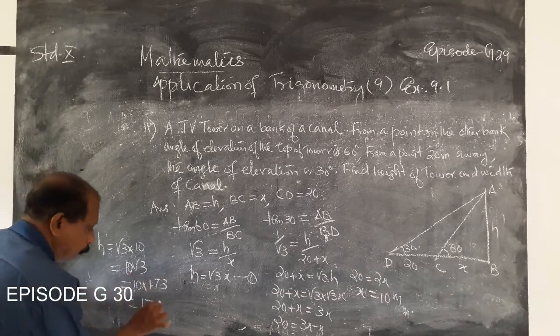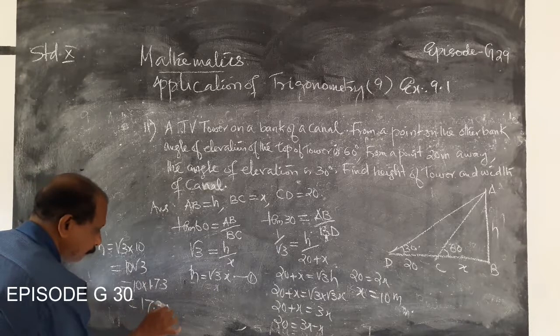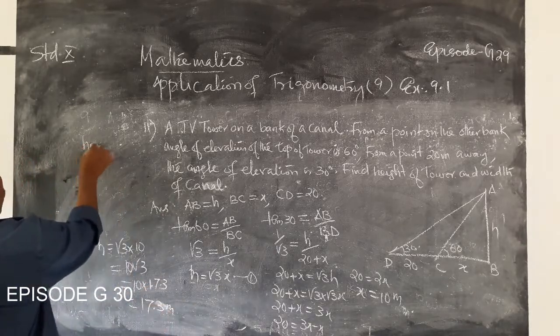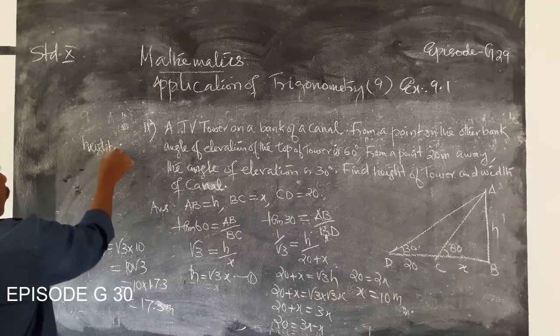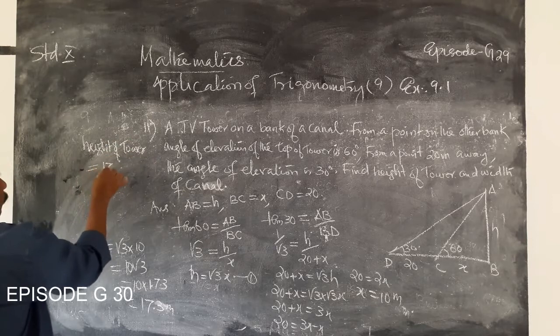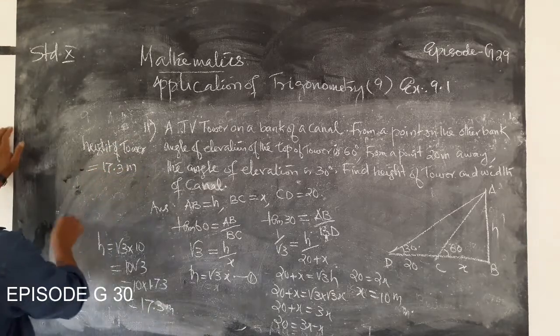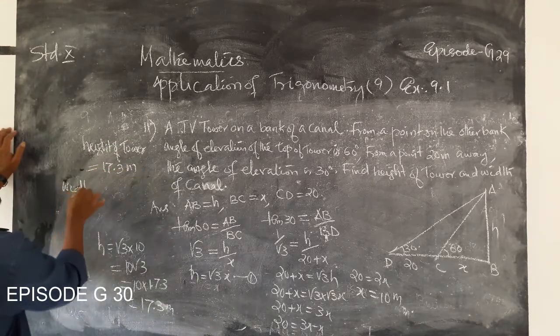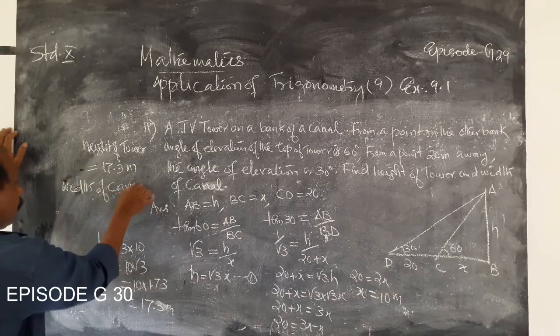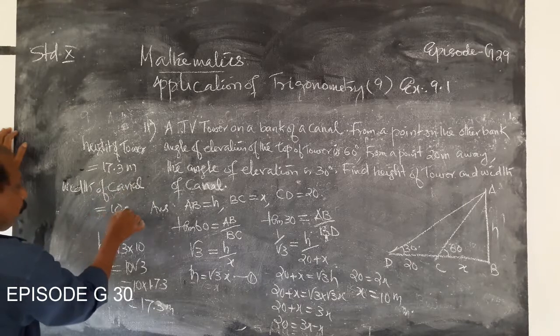That is 17.3 meter. Therefore, height of tower is equal to 17.3 meter. Width of canal is equal to 10 meter.